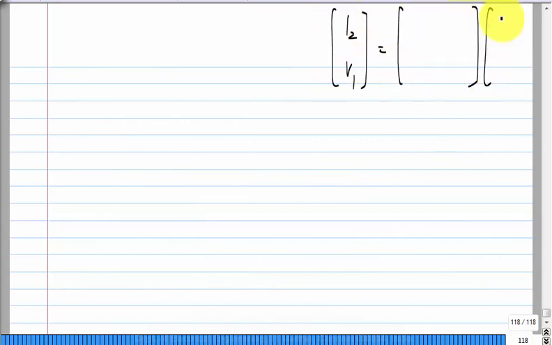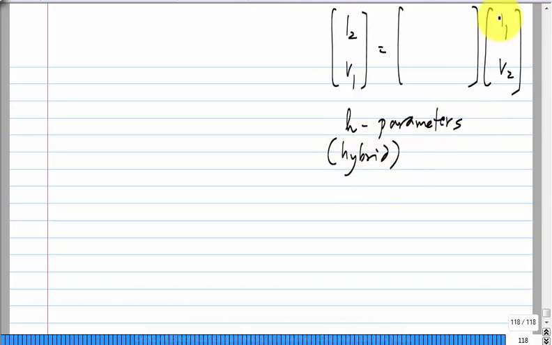And sometimes you don't do either, maybe you will have I2 and V1 as the dependent variables and I1 and V2 as the independent variables, and this particular set of parameters happens to be called the H parameters, and H stands for hybrid. Right.